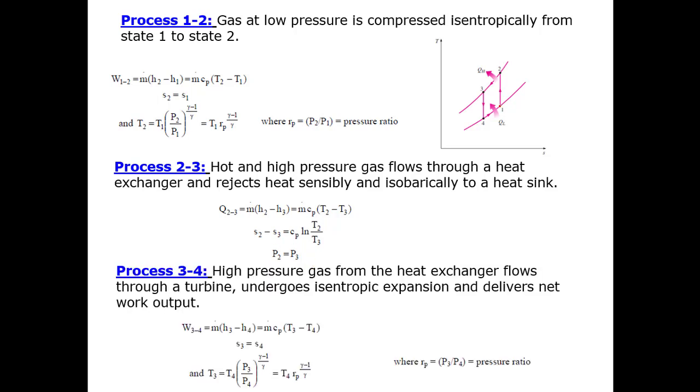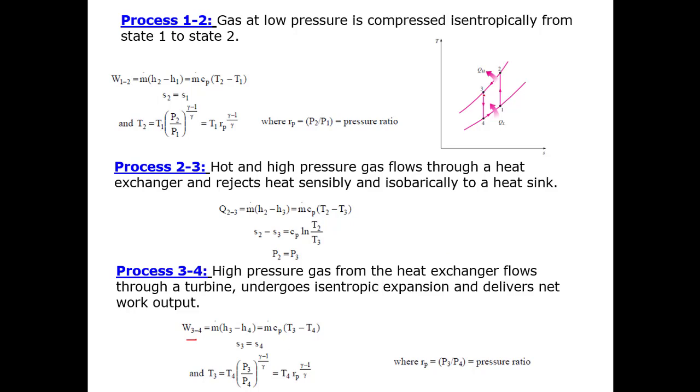Now the next process, 3 to 4, is an expansion process in the turbine. For the expansion process, we can get work output from the turbine. In the case of the compressor, that was work input. So now from 3 to 4, that's work output from the turbine, which is equal to the difference of the enthalpy, H3 minus H4, and again for the cold air standard assumption, m Cp (T3 minus T4).